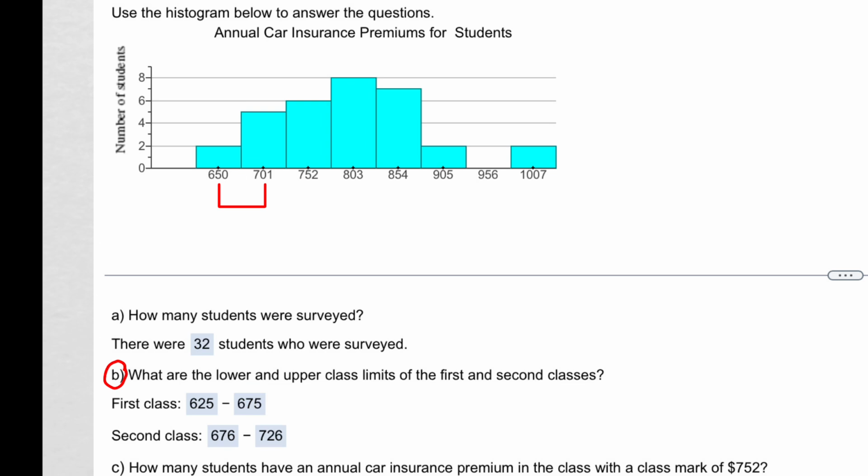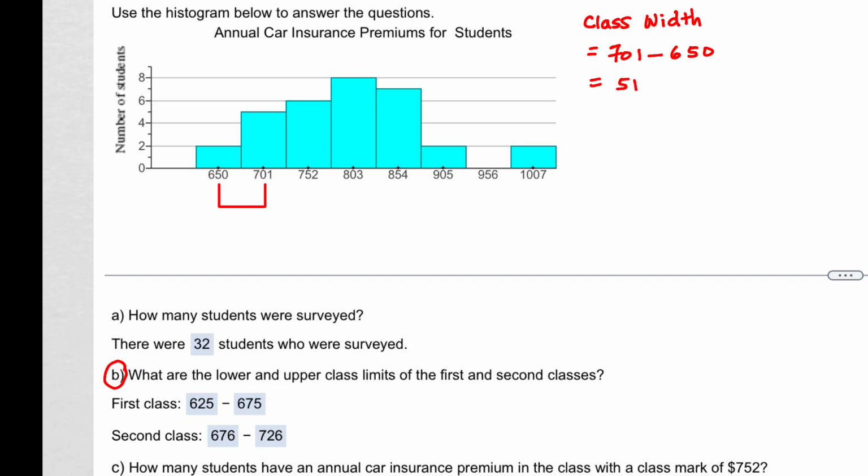So off to the side, I'm going to say that means that the class width equals 701 minus 650, and that would be 51.